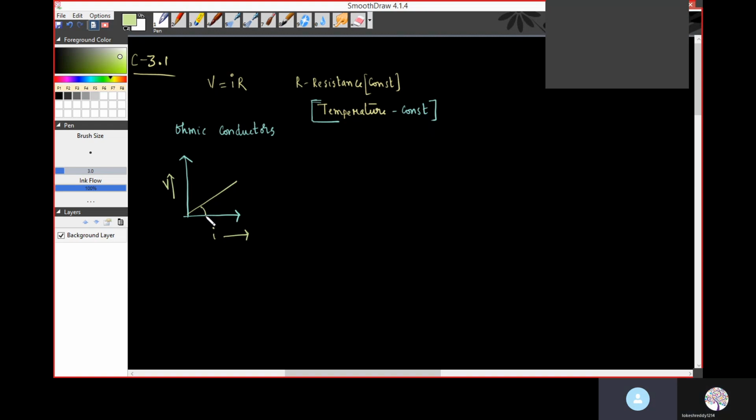This is theta. Here tan theta is equal to opposite side by adjacent side, V by I, which is equal to R.